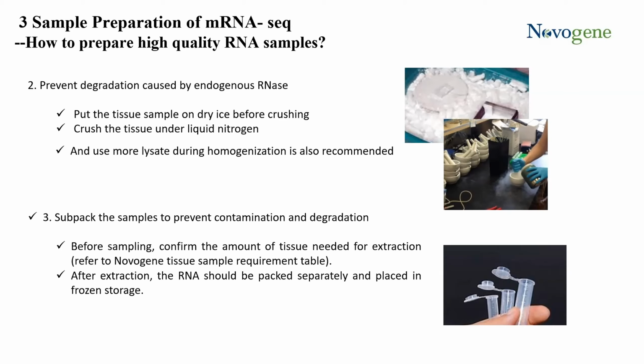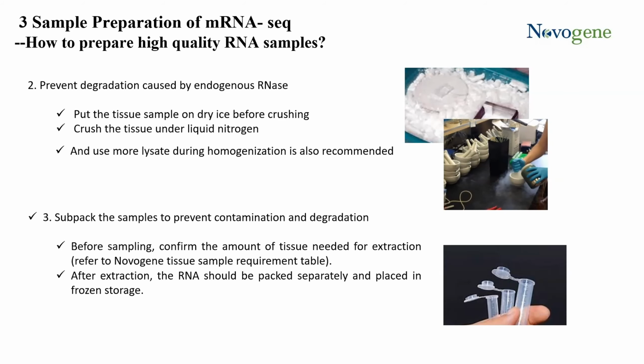You can refer to our sample requirement table to have an idea of how much you should use. After extraction, you should store the RNA at the right temperature; especially for long storage, you should use -80. You can store small aliquots to avoid frequent freeze and thaw cycles, to avoid degradation.